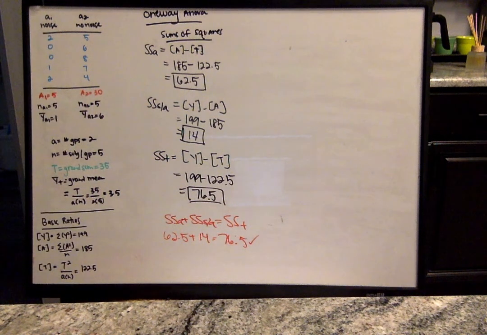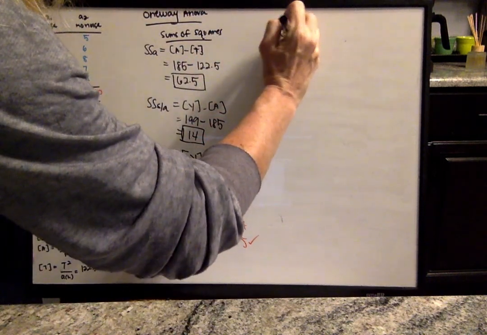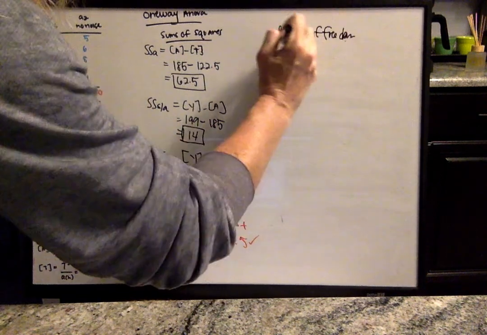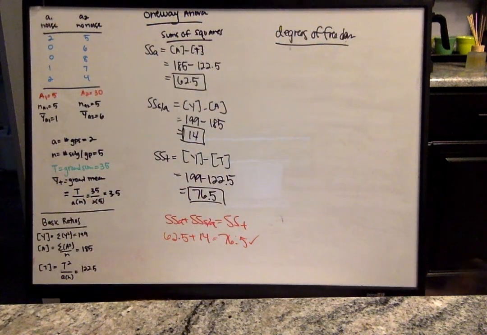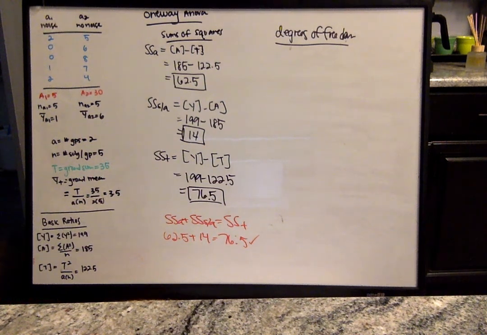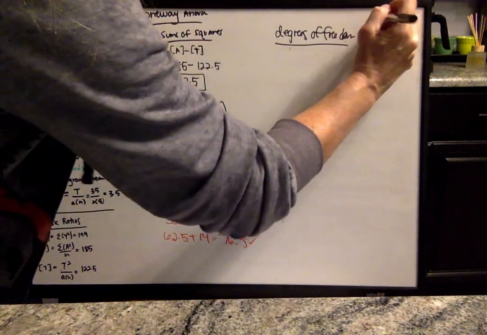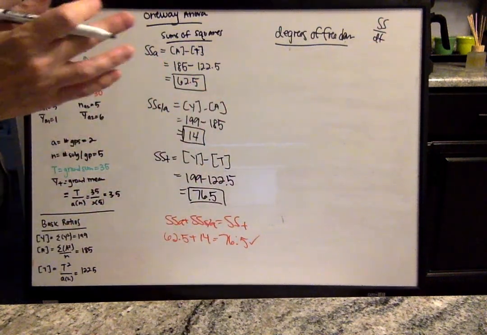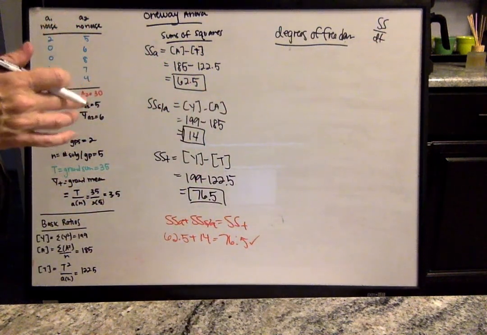The next thing that we're going to do is calculate our degrees of freedom. For every sum of squares, we have a corresponding degree of freedom. If you remember back a couple weeks ago when I first introduced the idea of variance and variability, I told you that the formula for variability is the sum of squares divided by degrees of freedom.